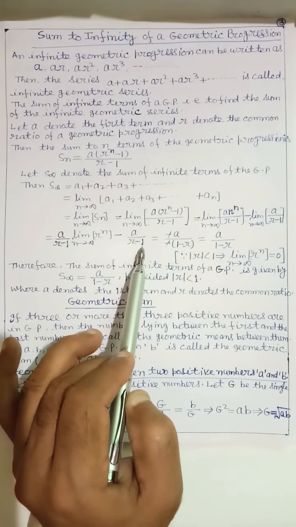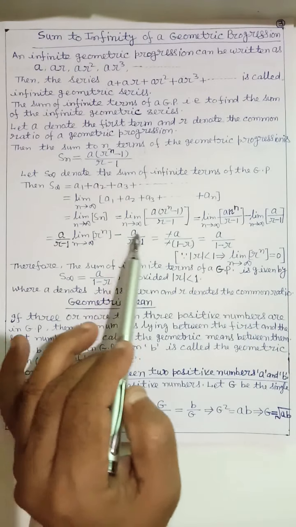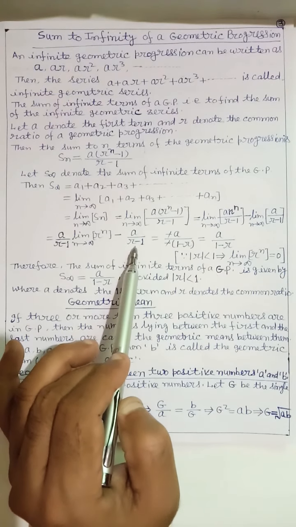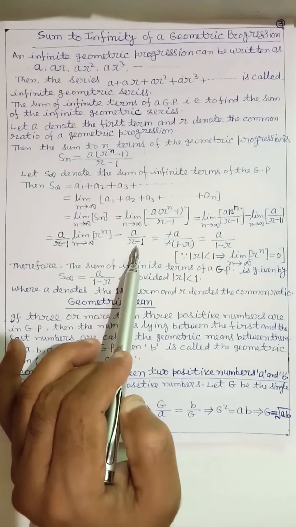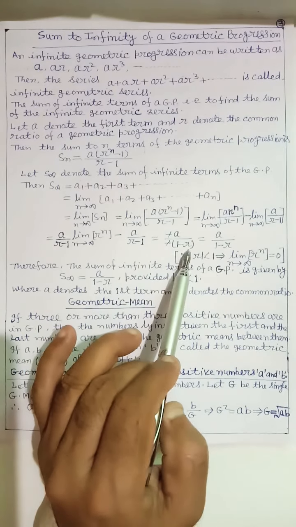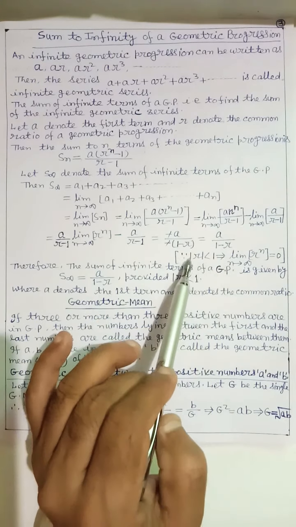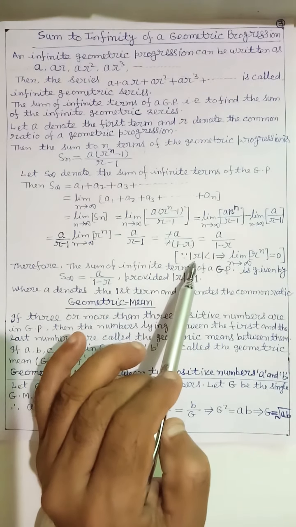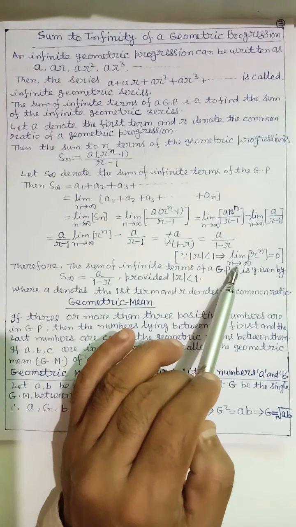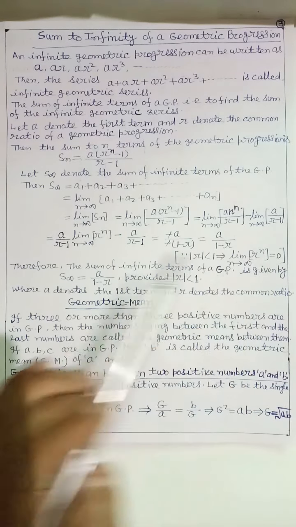Here this is the constant, so we can write it in this way: a by (r minus 1), and if we take minus 1 as common from the denominator, we get a by (1 minus r). Here we have given, since mod of r is less than 1, it implies that limit n tends to infinity r^n is equal to 0.